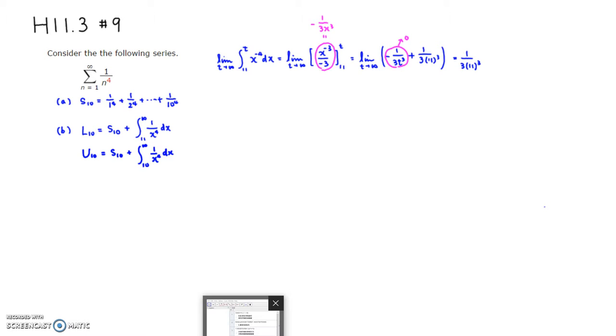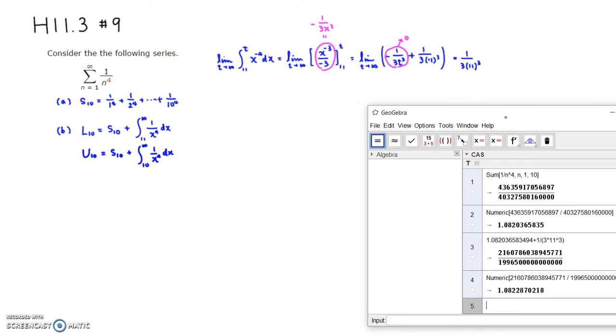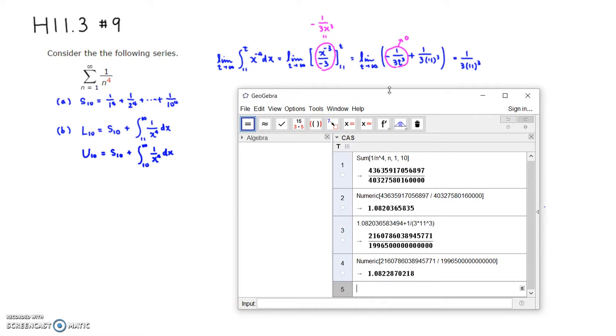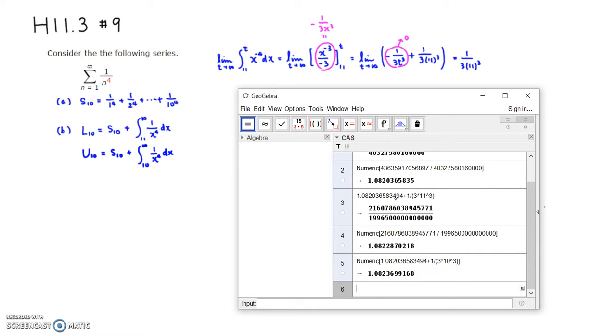So let's compute that value. Bring out the GeoGebra here. I'm going to do numeric. Then we put S10, which is that value, and add 1 over 3 times 10 cubed. Hit enter.